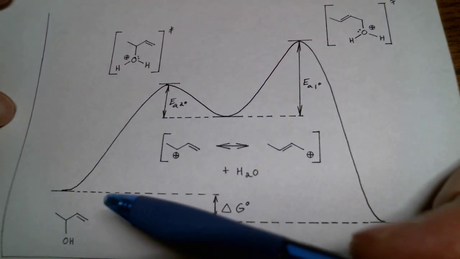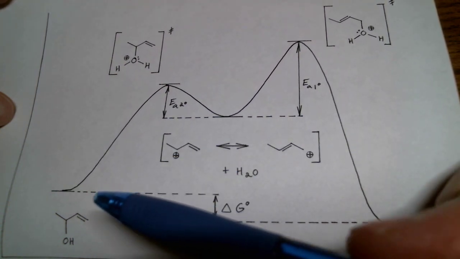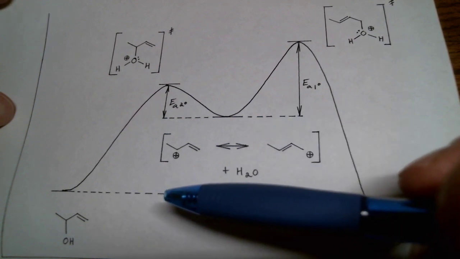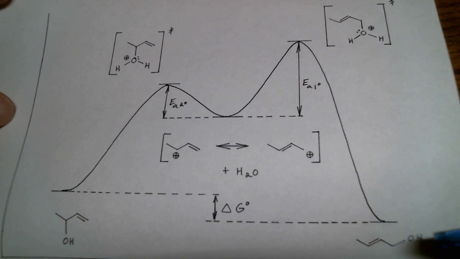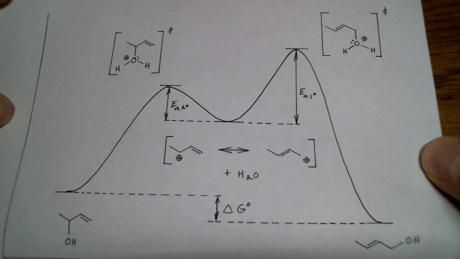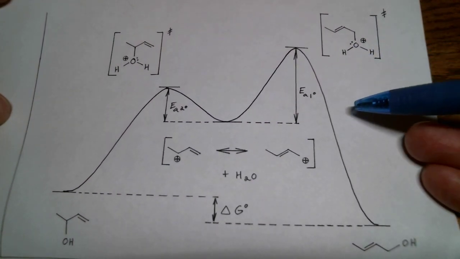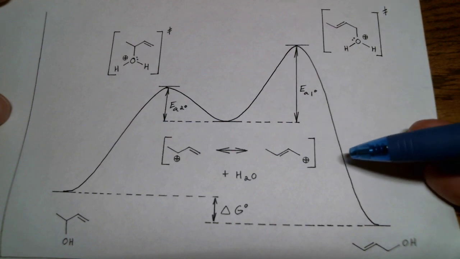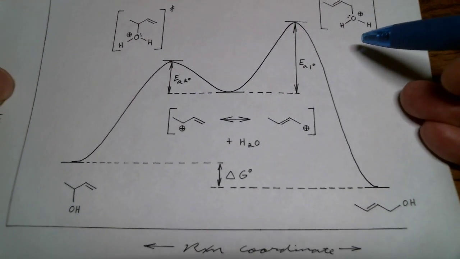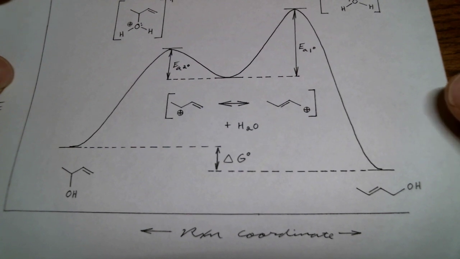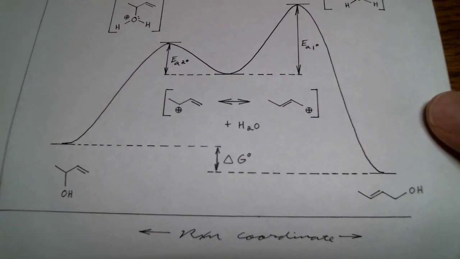Even though we're forming a less stable product, we'll form more of it faster at this 0 degree temperature than the more stable alkene. So hopefully this energy versus reaction coordinate diagram helps clarify what's going on in this reaction that's under kinetic control under these conditions.